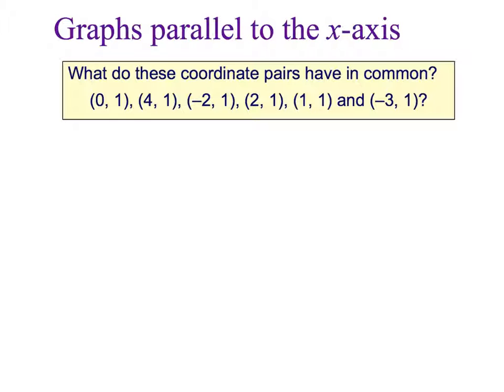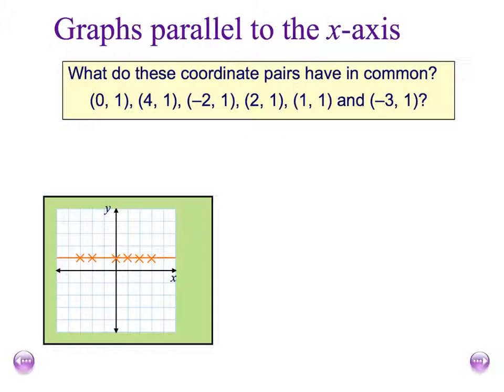Here, again, what do we notice? Well, this time we have a different coordinate. And I'm sure you noticed that this time y always equals 1. Graph, there we are, and we now know that the line here must be y equals 1.